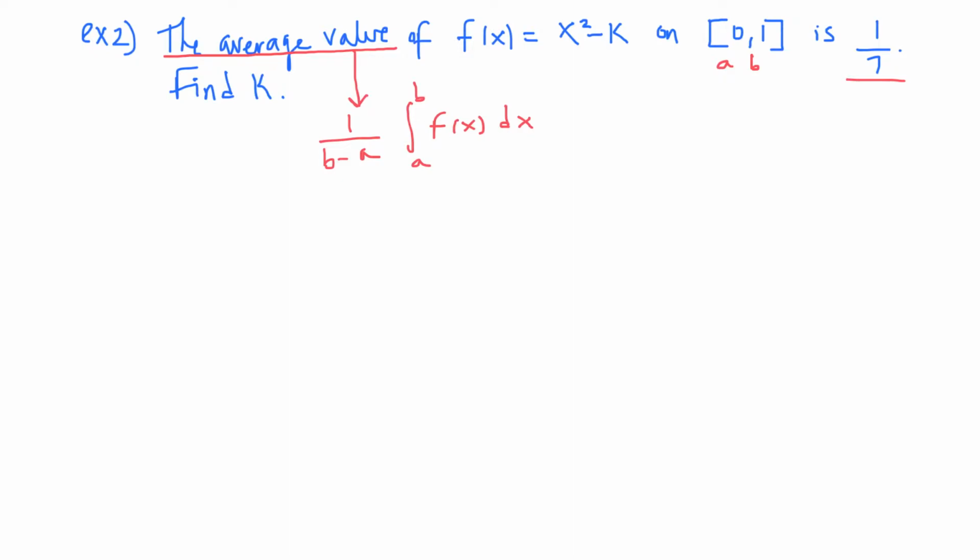So then that would be 1 over b, which is 1, minus a, 0, times the integral from 0 to 1 of f, which is x squared minus k with respect to x, and this average value has to be 1/7. And now I perform the operation, the integral, and solve for k.